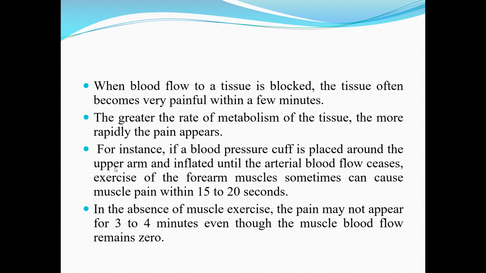So let's take the example of taking the blood pressure. When we are taking the blood pressure and the cuff is placed around the upper arm and inflated, it can cause muscle pain if we do not deflate it within 15 to 20 seconds. In the absence of muscle exercise, the pain may not appear for 3 to 4 minutes, even though the muscle blood flow remains zero.